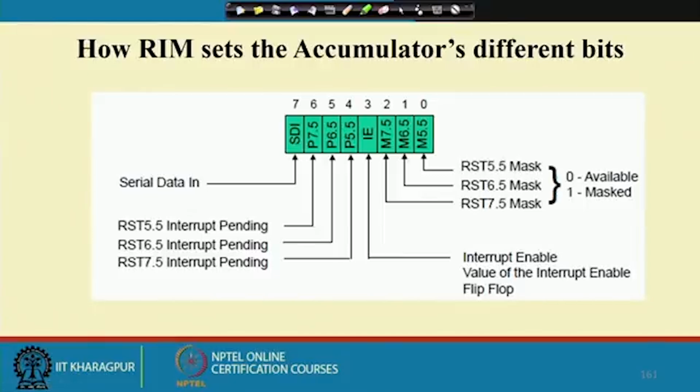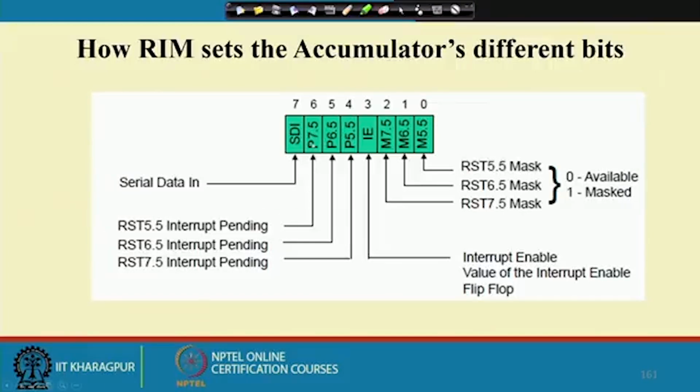So, this RIM setting affects the previous diagram, and it is shown like this. Whatever is available on the SID pin will be available in the SDI bit here. Then if some RST interrupt is pending, the corresponding P bit is 1.